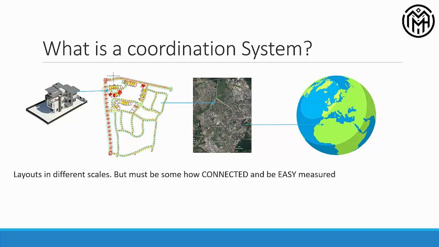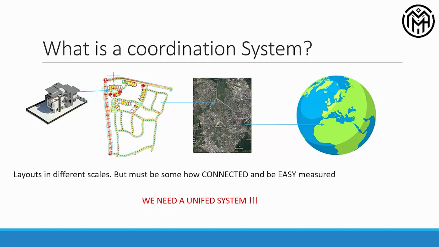And connected, and it explains itself because it's a coordinate system. It coordinates between different layouts from different scales. So we need a unified system that we can use to connect and coordinate between all of those different layouts with different scales.